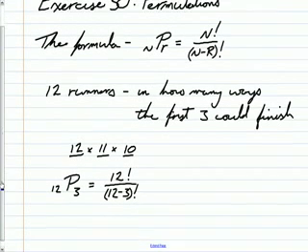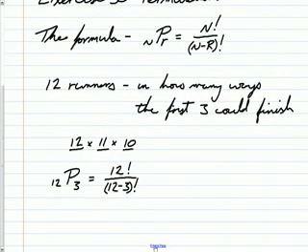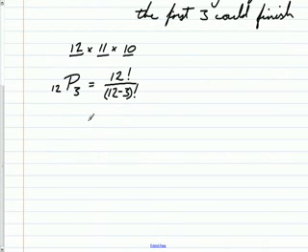factorial. Okay? And of course, when we go to simplify that, we have 12 factorial over 9 factorial. And of course, we learned how to simplify our factorials down a little bit.